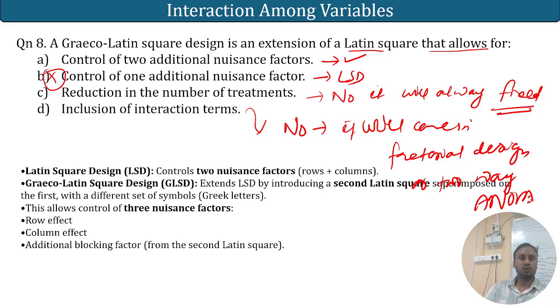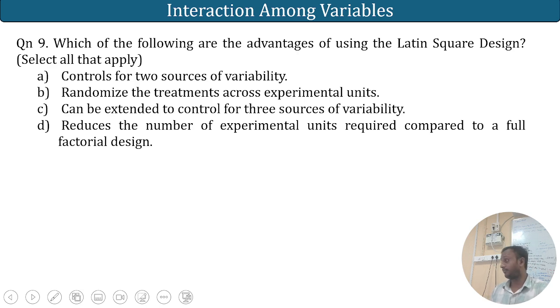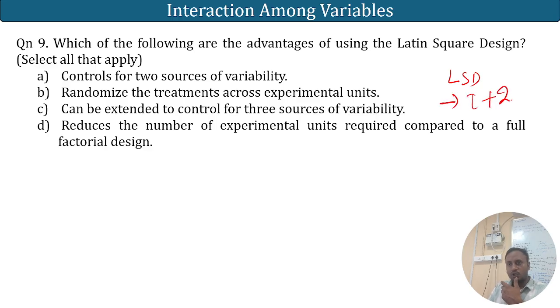So ninth one. Which of the following are the advantages of using the Latin square design? What is the purpose of the Latin square design? LSD, they will take treatment plus two factors will be considered.